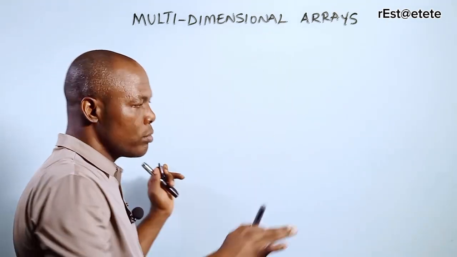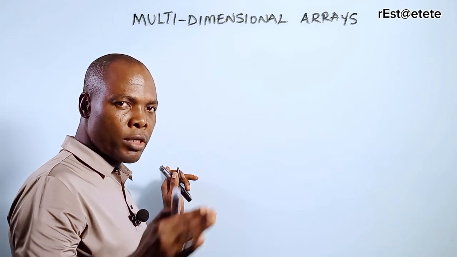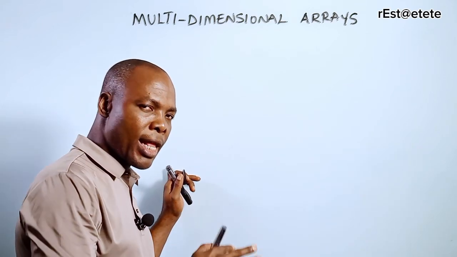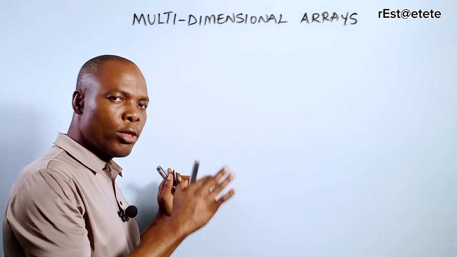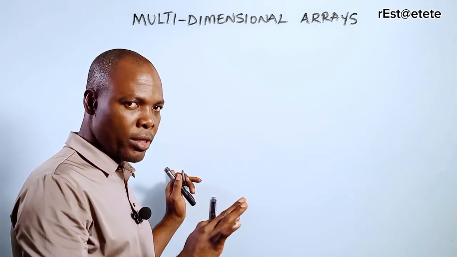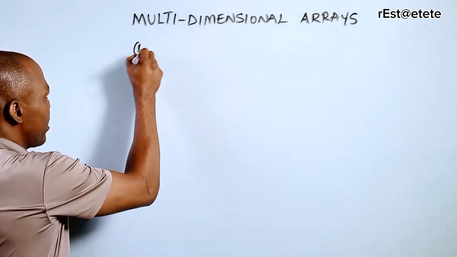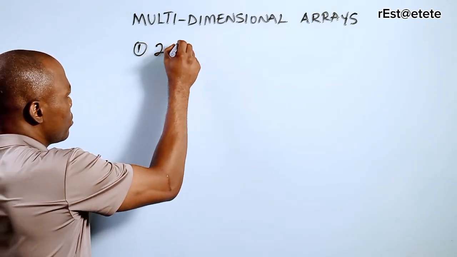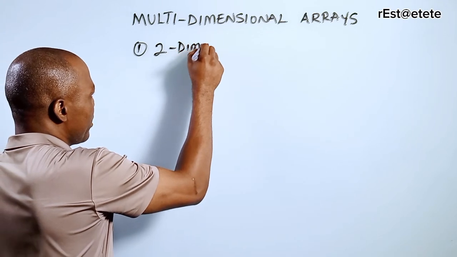You have different types of multi-dimensional arrays, but in this class, I'm just going to show you a two-dimensional array, and then in the next class, I will show you a three-dimensional array. So we have one, two-dimensional array.